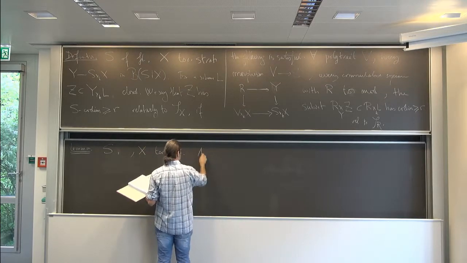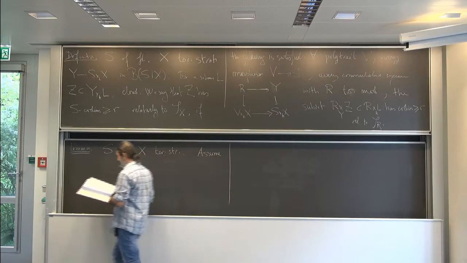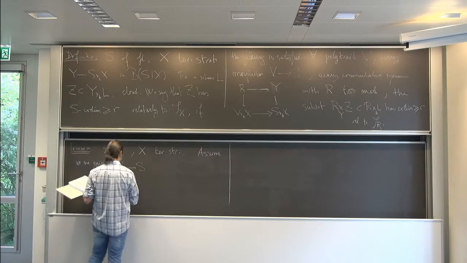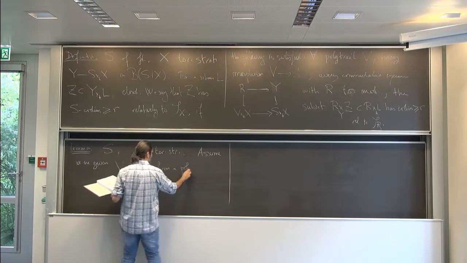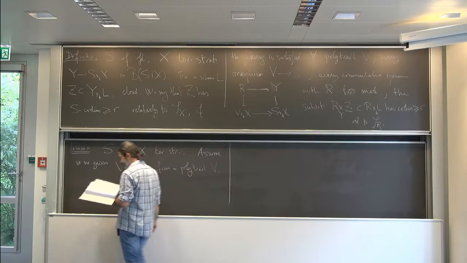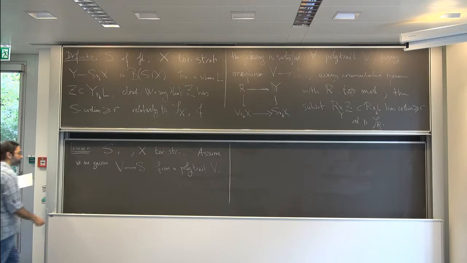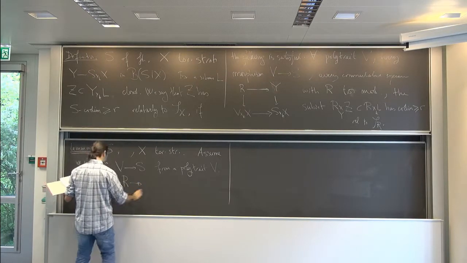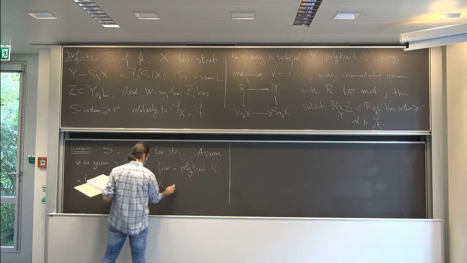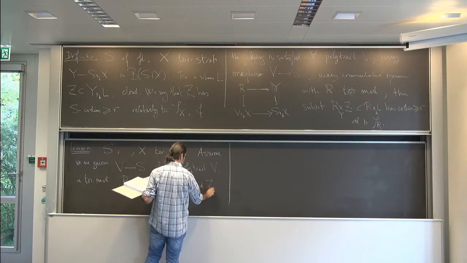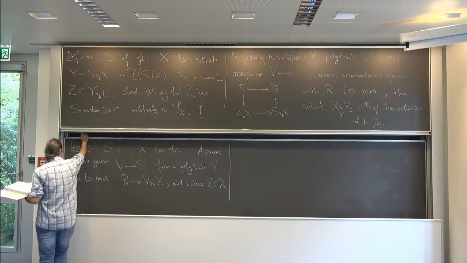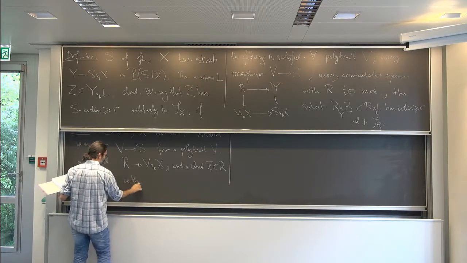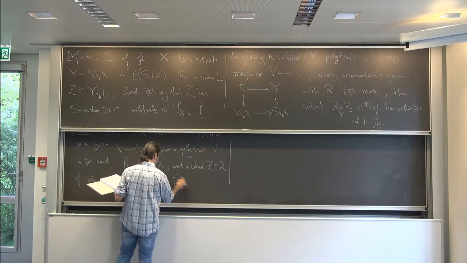Assume we are given a morphism V to S from a polystable V, a toroidal modification R of the product V times X, and a closed subset Z inside R which has codimension bigger than r with respect to the stratification. So these are the data.